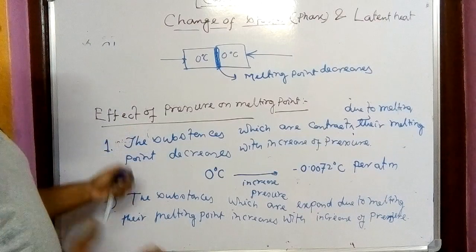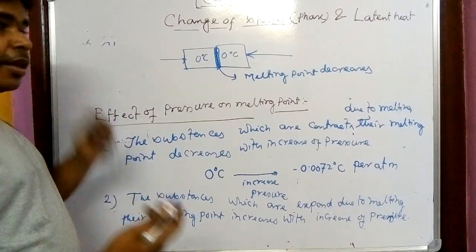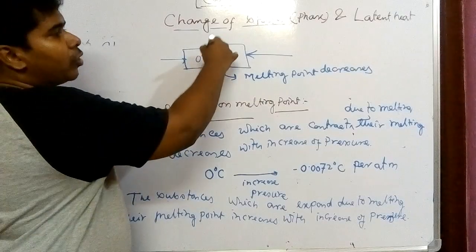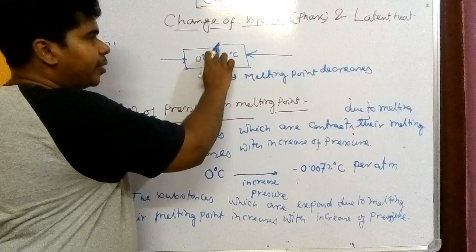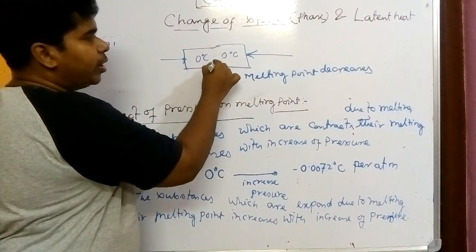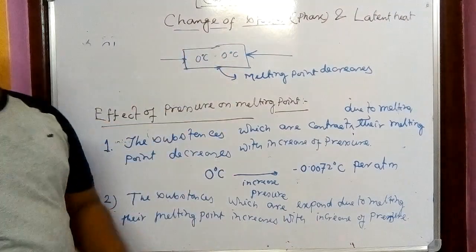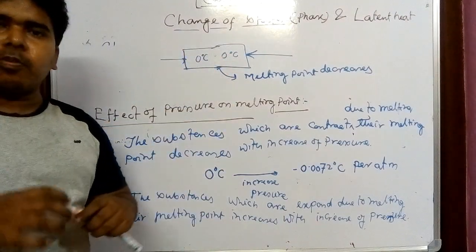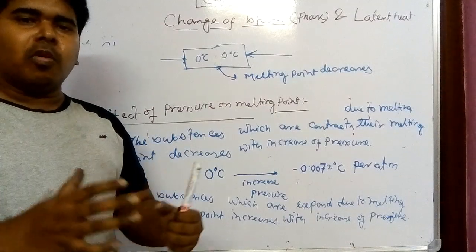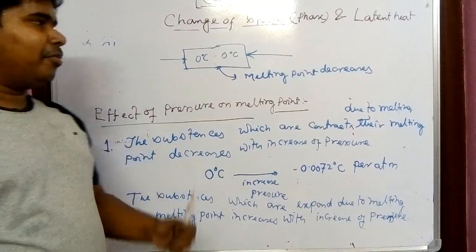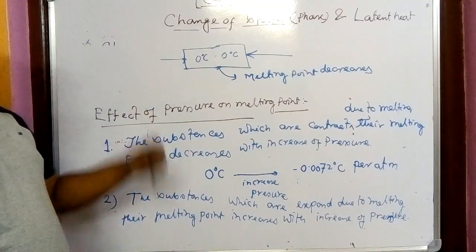When you release the pressure, the melting point goes back to 0 degrees centigrade and it solidifies again. As it solidifies, it will be a continuous bar of ice. So by applying pressure, you can make the ice longer, because they are connected with each other with the application of pressure.